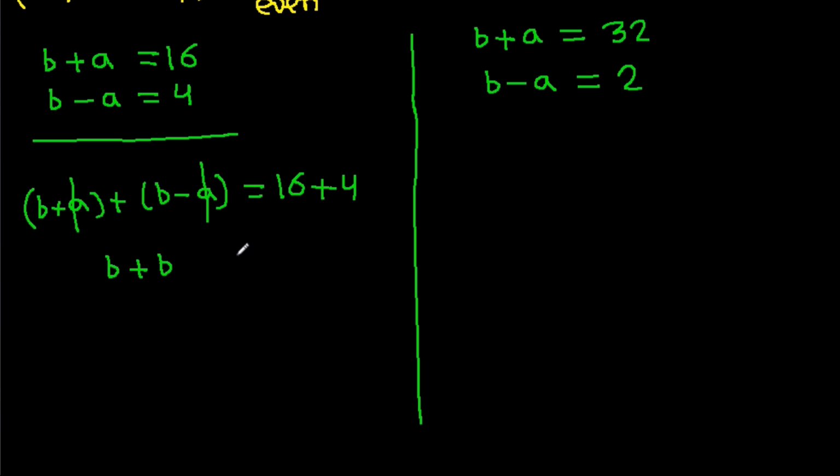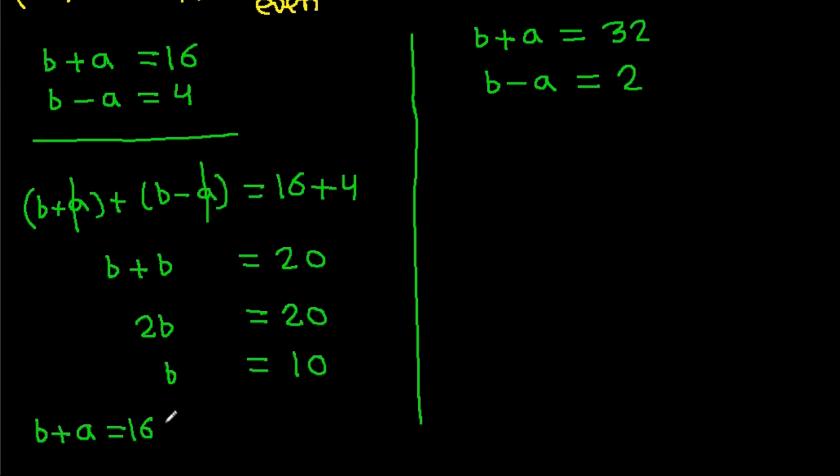So 2b is 20, so b will be 10. And we have b plus a is 16, so a will be 16 minus 10, and it is 6.